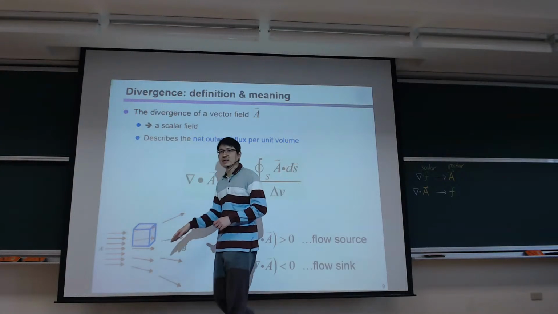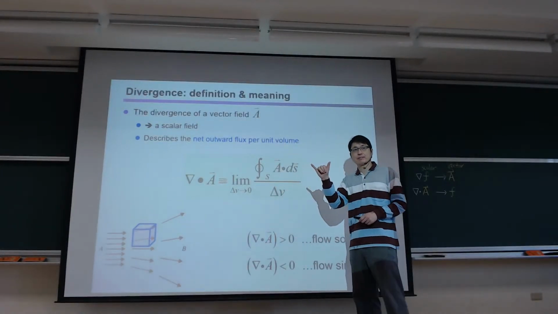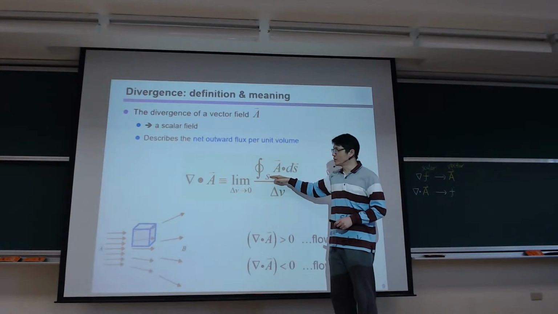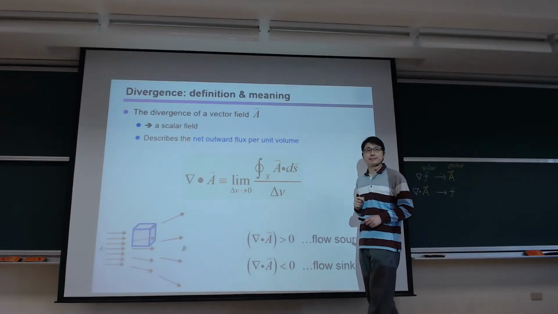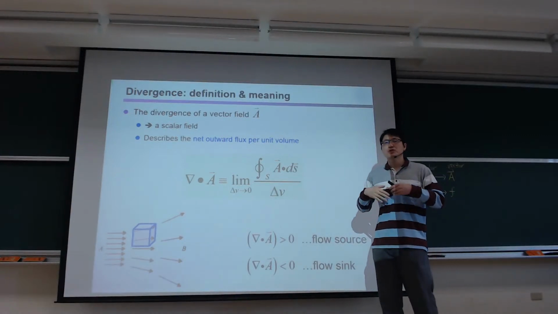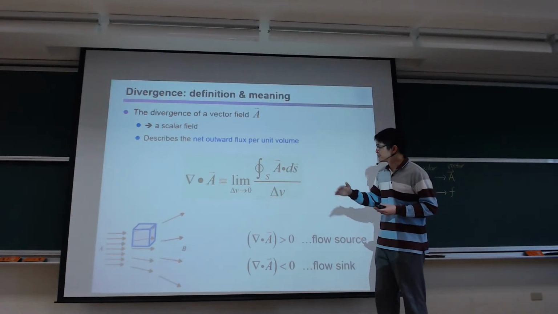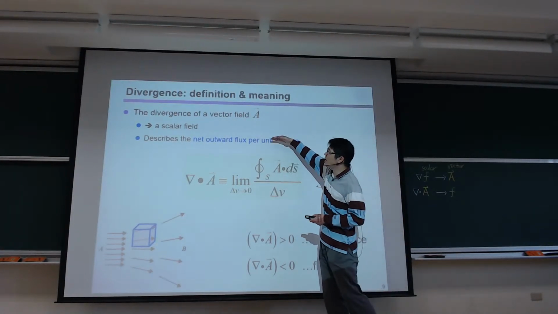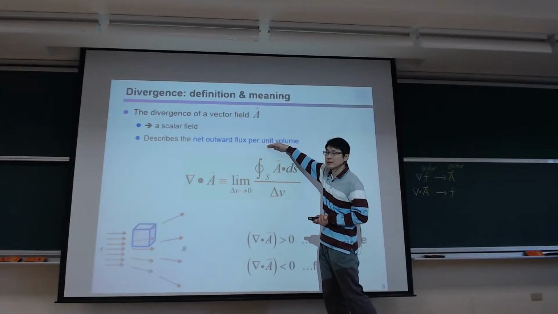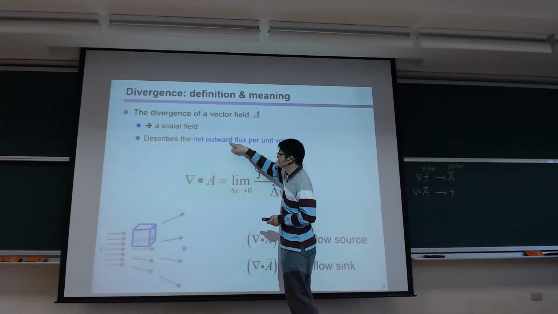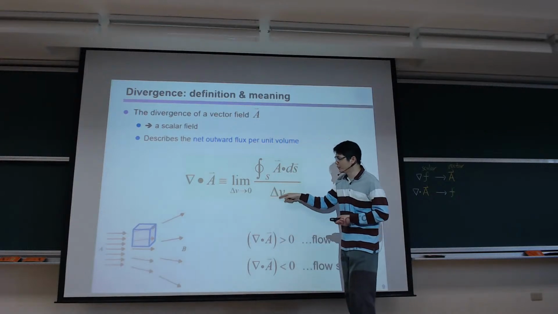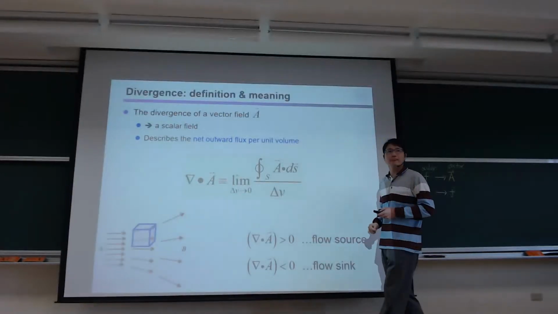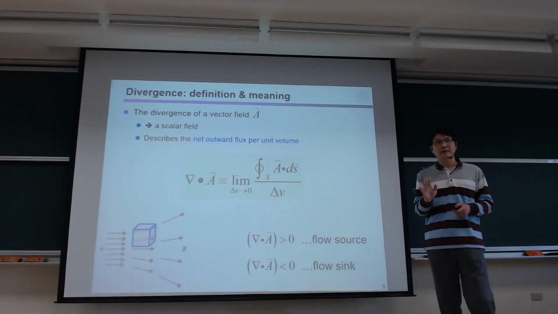So totally for this cube, I need to perform 6 calculations to accomplish this closed integration on all surfaces, right? So I'm spending a lot of time to tell you the basics, the meanings behind the mathematical equations. But this is a definition, and this definition follows directly from this sentence. The net outward flux per unit value, right? Per unit value, net outward flux. Right, clear enough? And let's move on.